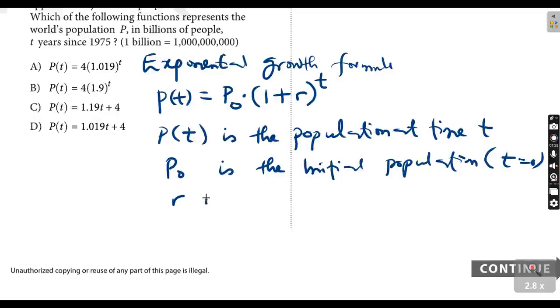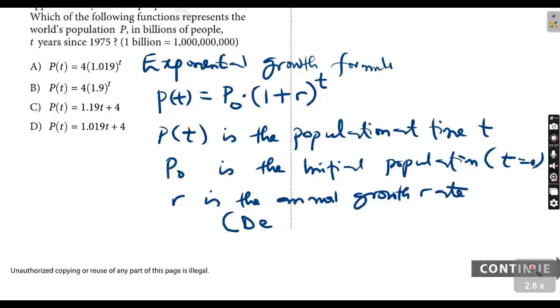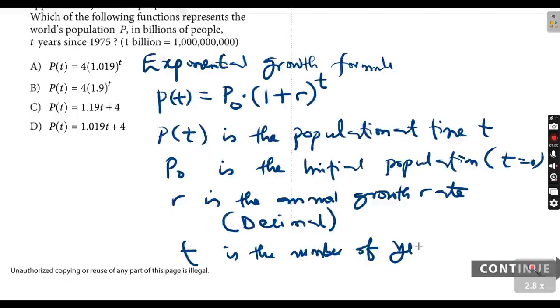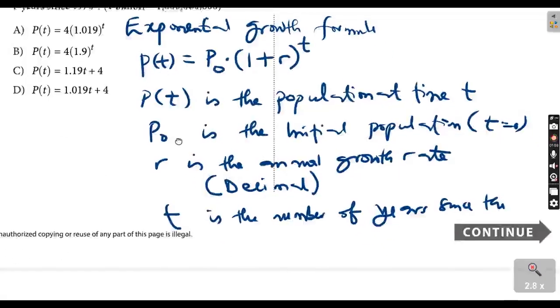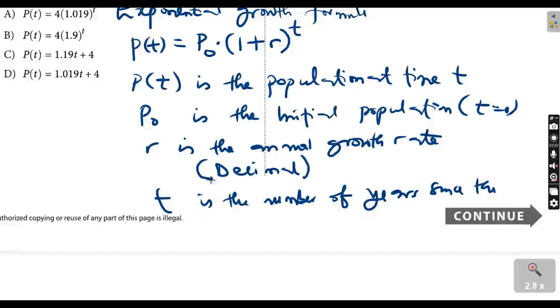Then R is the annual growth rate, and this is usually in decimal. Your R is usually in decimal. Then T is the number of years, all right? The number of years since the initial time.